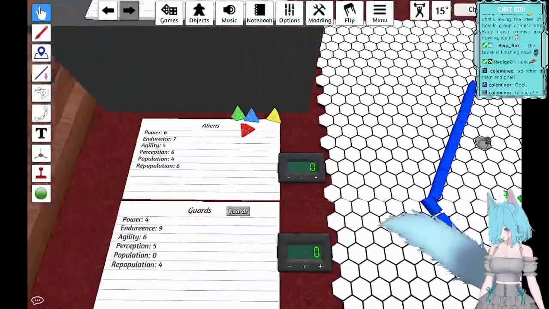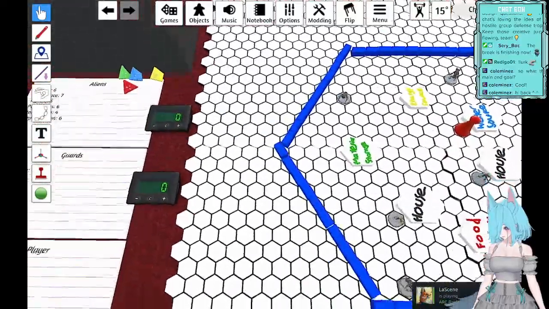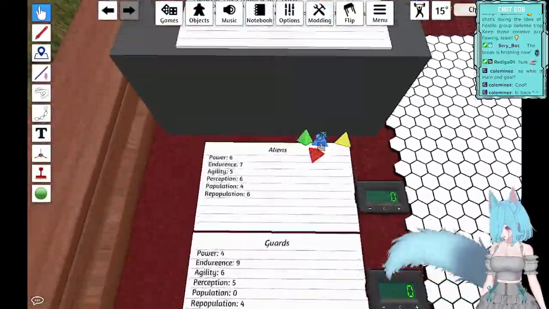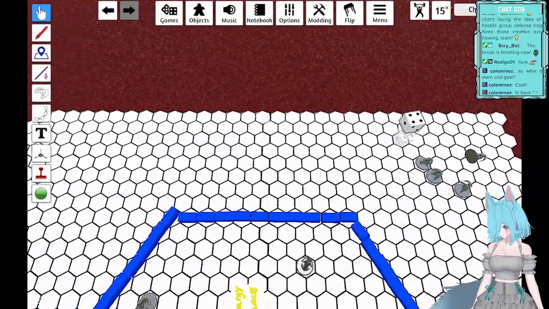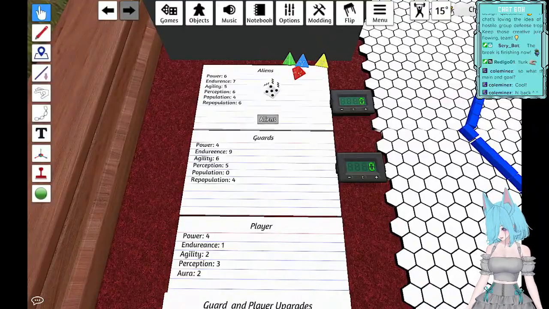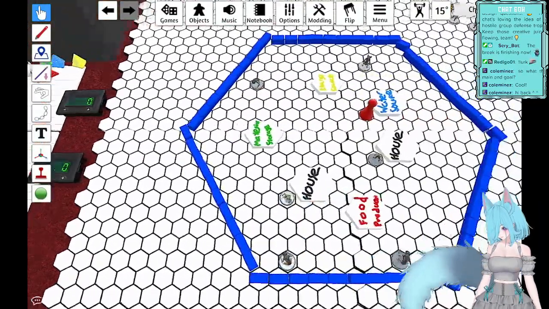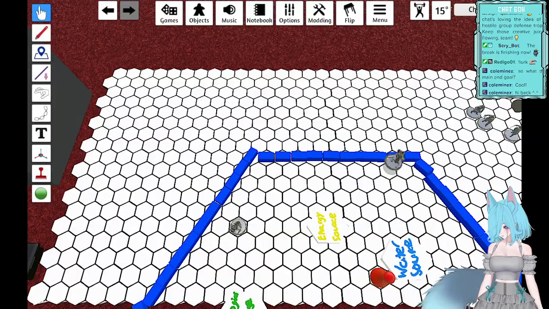He sees the writing on the wall. He has an agility of 5. So, where did my dice go? There. My beloved dice. Well, he still decides to go. 1, 2.